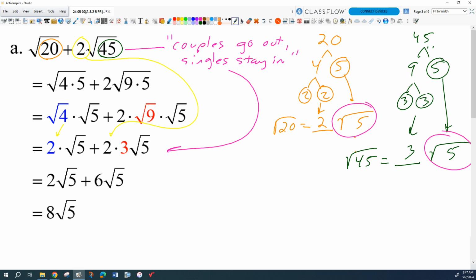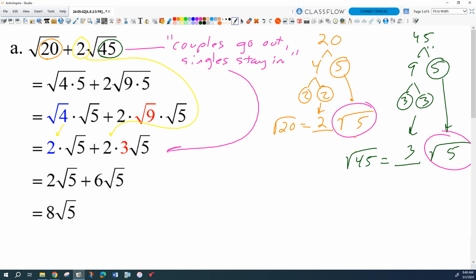If you want to organize your search on this, there's another little trick you can do. I don't want to overdo this, but if the number inside the radical is not a perfect square itself, and 20 and 45, neither one of those is a perfect square, when you start your search for perfect square factors, they would have to be half of the number inside or smaller, right?